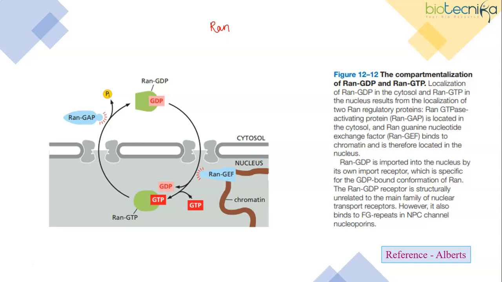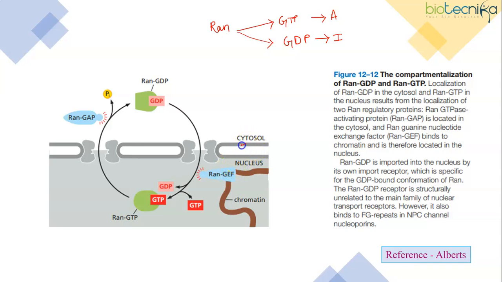This RAN protein exists in two forms: the GTP-bound form and the GDP-bound form. The GTP-bound form is considered the active form and the GDP-bound form is considered the inactive form. In what situation is RAN bound to GTP and in what situation is it bound to GDP? Let's have a look.